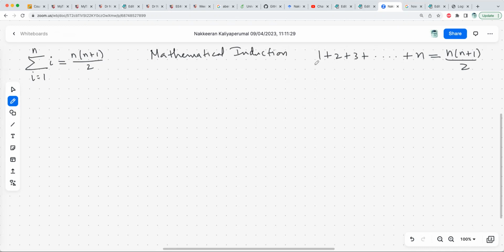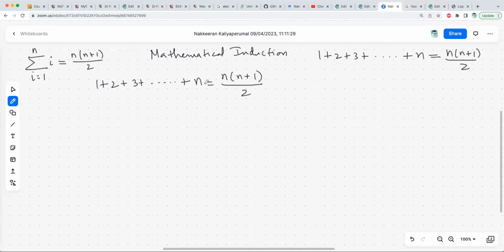Okay. What this is, you see this 1 plus 2 plus 3 plus dot dot dot plus n equal to n into n plus 1 divided by 2. What induction is, let's say we add one extra term.